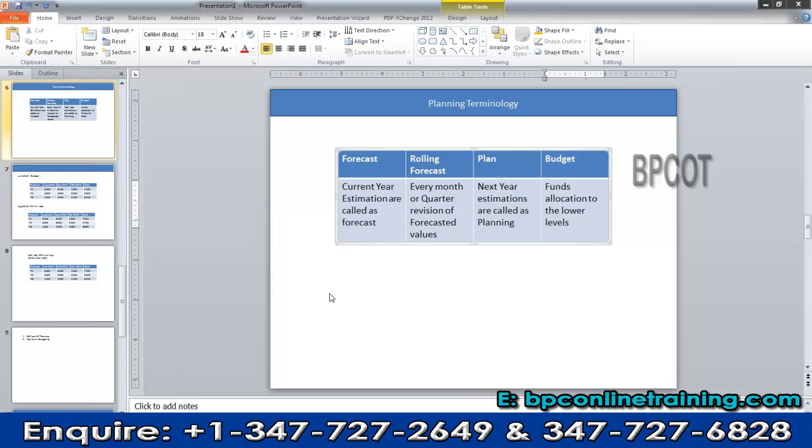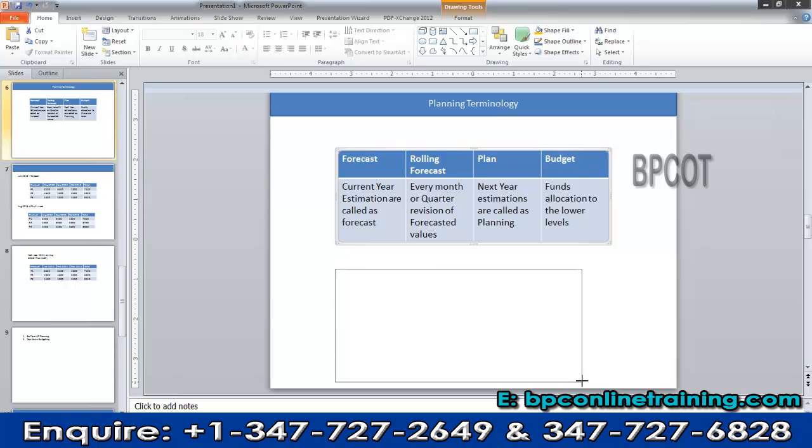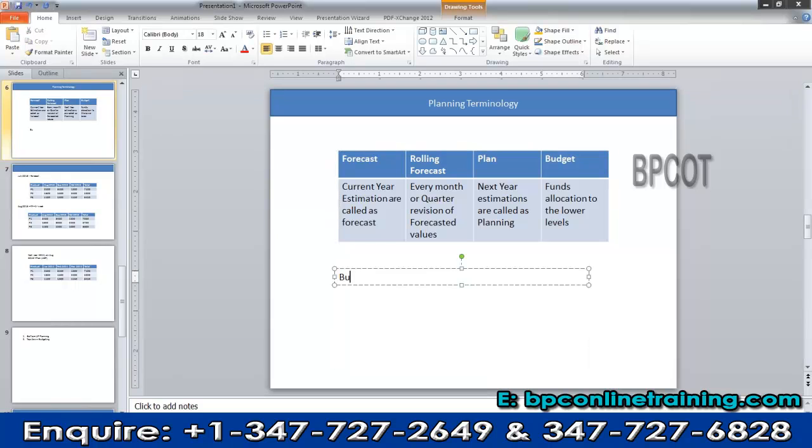As a layman, suppose you go to a client place, they might have planning scenarios. Suppose my previous client has planning scenarios like this. Budget outlook, five years budget. So what is this budget outlook?